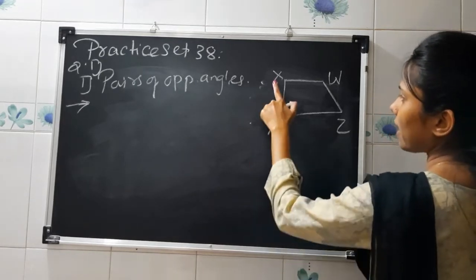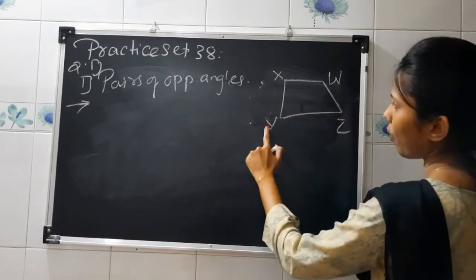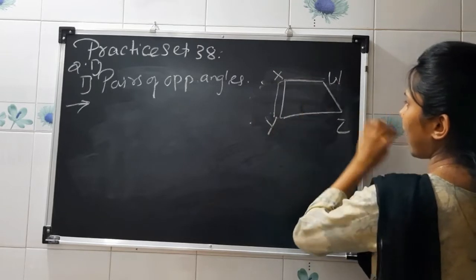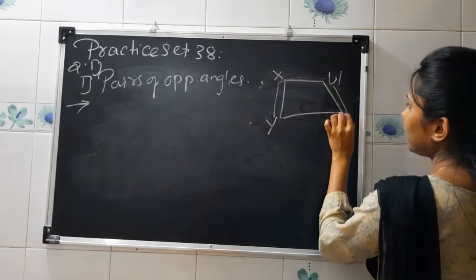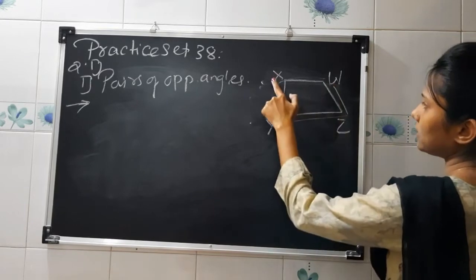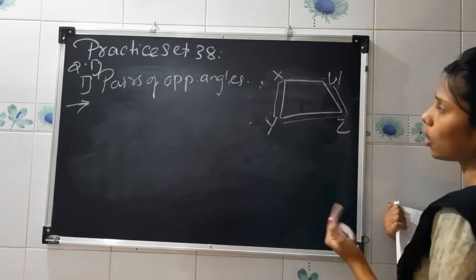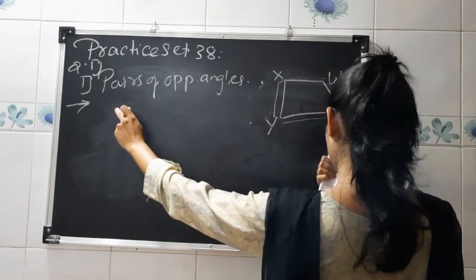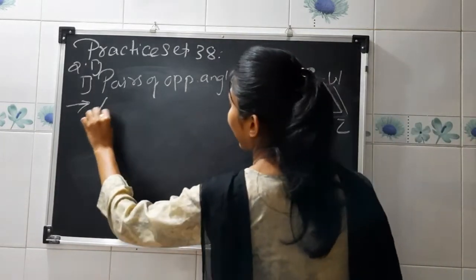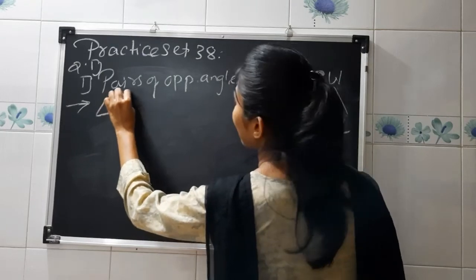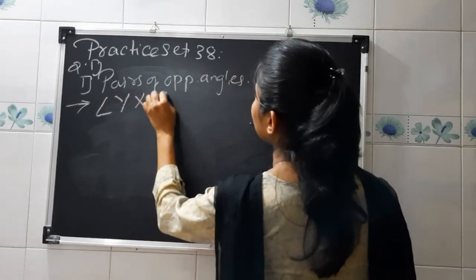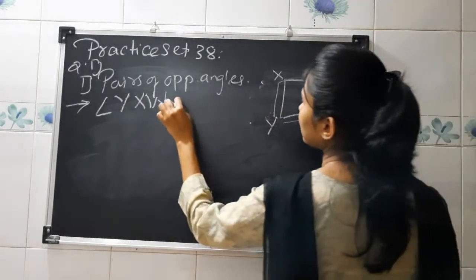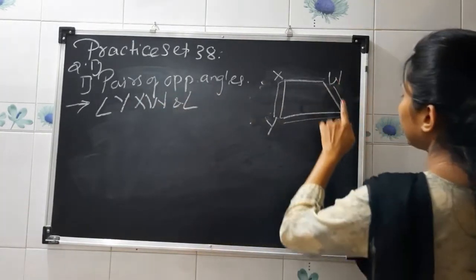See, angle YXW and angle WZY. Their vertices are not common. So the pair of opposite angles is angle YXW and angle WZY.